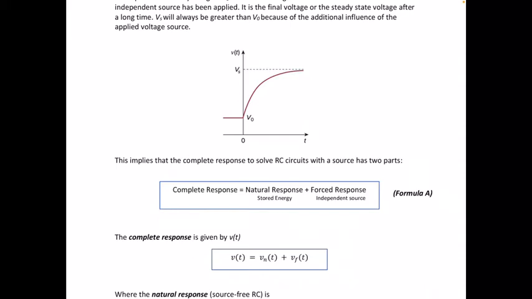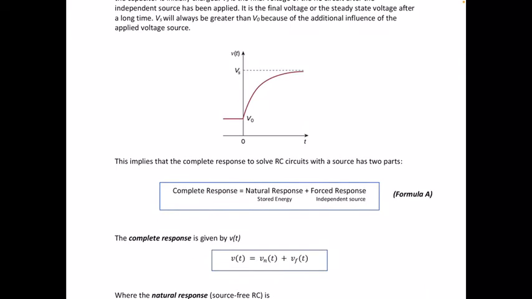So the complete response is comprised of the natural response, and this time the addition of the forced response, which is the response brought about by the independent source. In terms of the voltage of the circuit, the natural response can be seen with the Vo, and the forced response can be appreciated with the Vs.